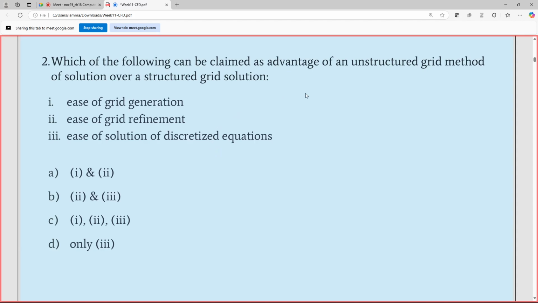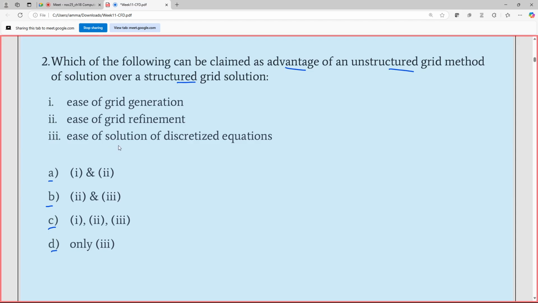The question is asking for the advantage of unstructured grids over structured grids. Options are option A, 1 and 2, that is ease of grid generation and ease of grid refinement. Option B, 2 and 3. Option C, all of the above. Option D, only third.